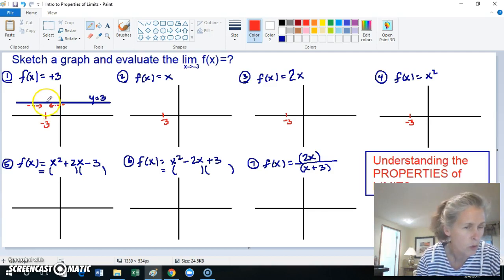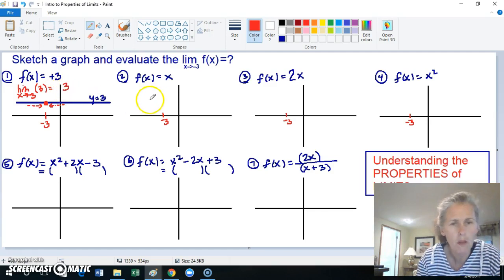So for the first one, which is a horizontal line, we are always at a y value of 3. So the limit as x approaches -3 on the graph of y equals 3 is 3.